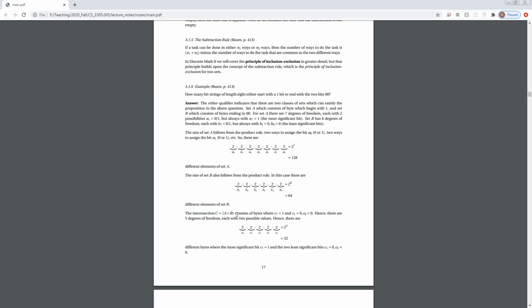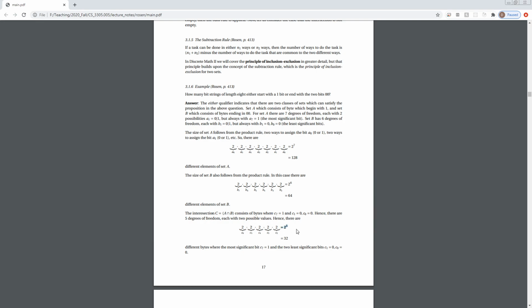So the intersection, A intersect B, happens when the most significant bit is 1 and the least significant bits are 0. We're locking those in place, and the other 5 bits, 2 to the 6, 2 to the 5, 2 to the 4, 2 to the 3, and 2 to the 2, are all free to be either 0 or 1.